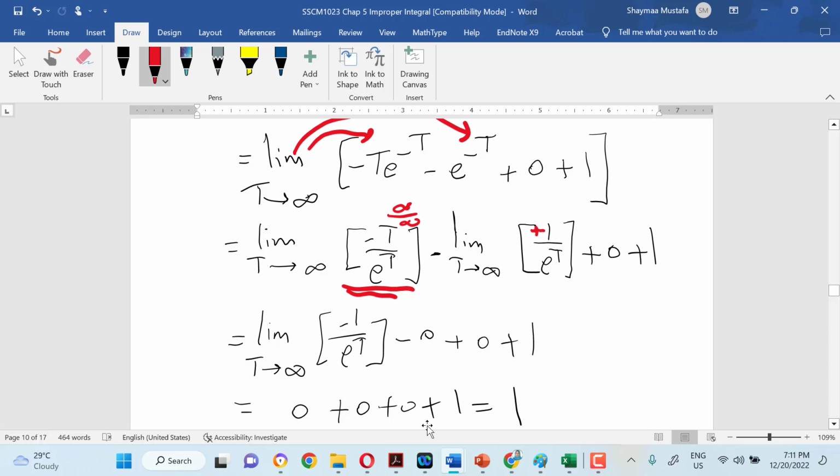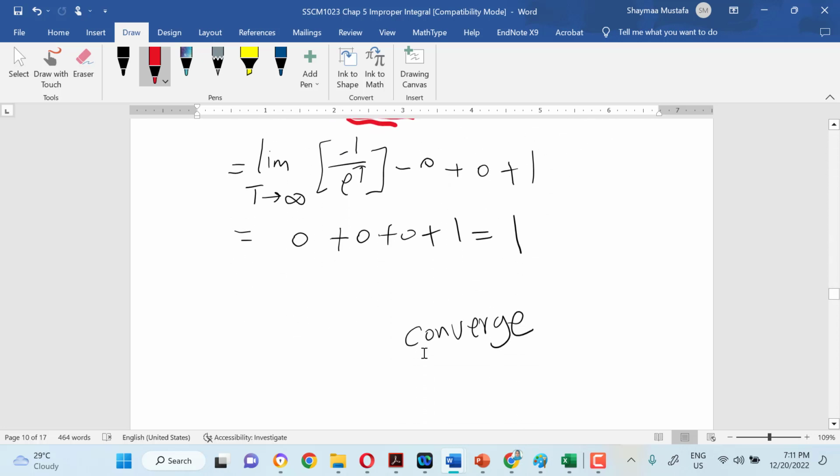For the other term, direct substitution of minus 1 over infinity is also 0, since any number over infinity is 0. So I have 0 plus 1, which is equal to 1. Since the limit is equal to a number, the integral converges.